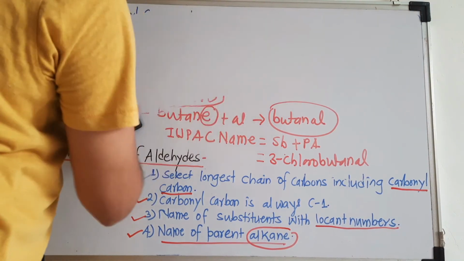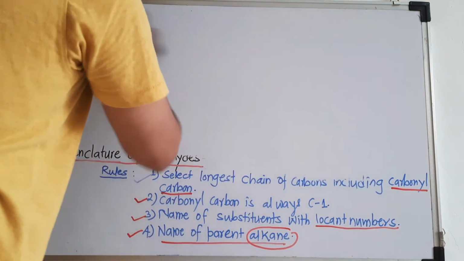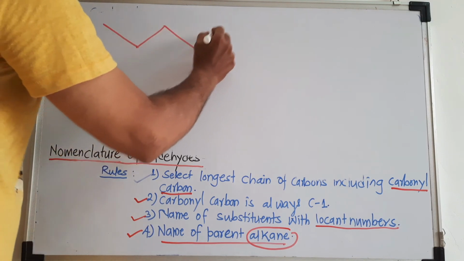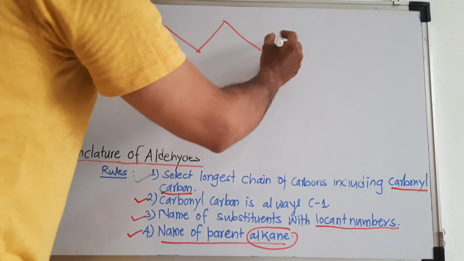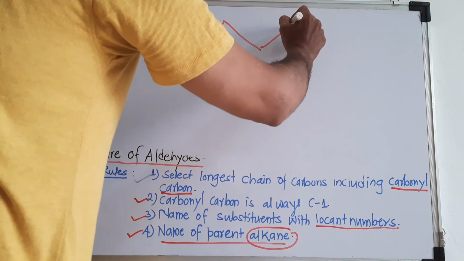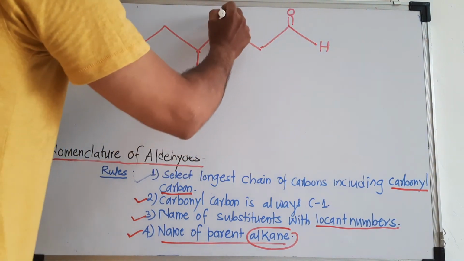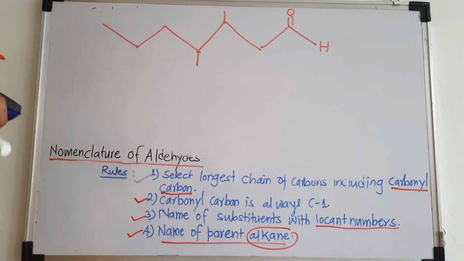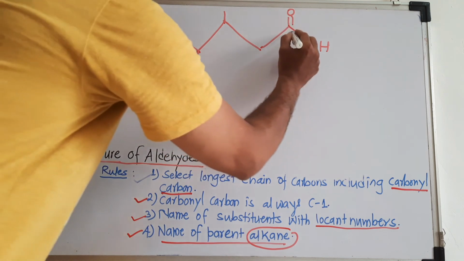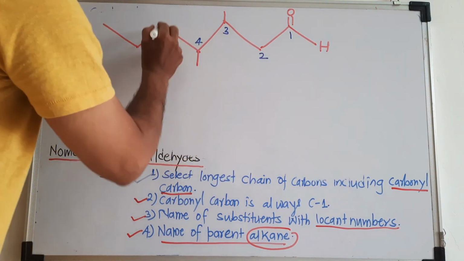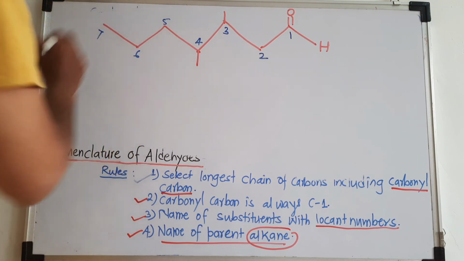I can take one more example so you can understand. This time I'll just use line structures. Okay, this one. I'll join here two substituents. If substituents are there, you have to give numbers. So this is always carbon number 1, 2, 3, 4, 5, 6 and 7.